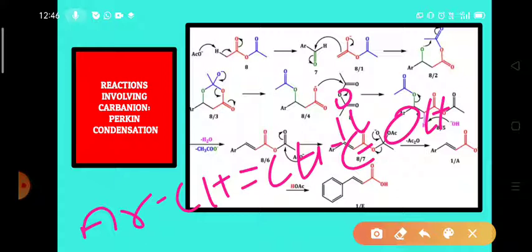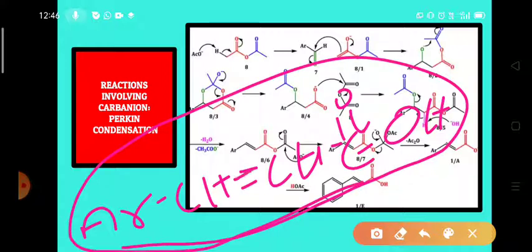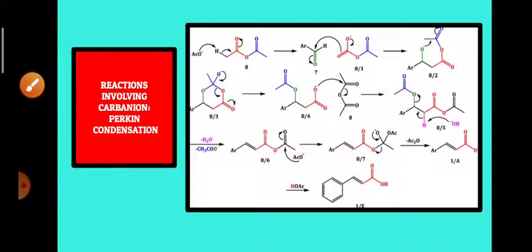In the Perkin reaction, from the aromatic aldehydes we get the aromatic unsaturated carboxylic acids. For example, from the benzaldehyde we get the cinnamic acid. Here we get the carbanions.